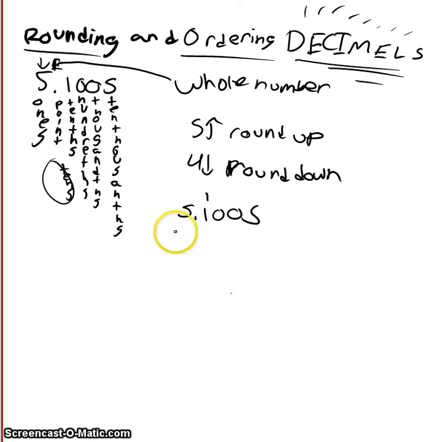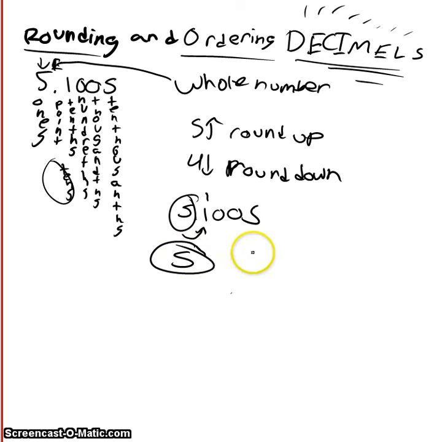Since this is the number we're rounding to, you look at the number exactly to the right of it. In this case, that is 1. 1 is below 4, so you round down, and the nearest whole number would be 5.